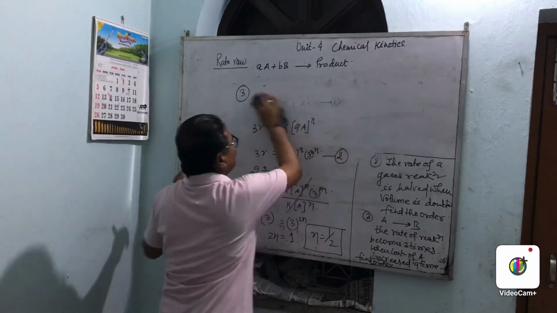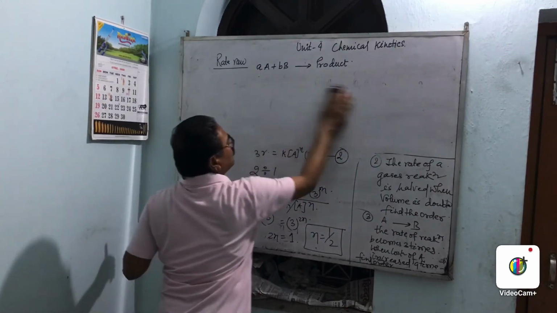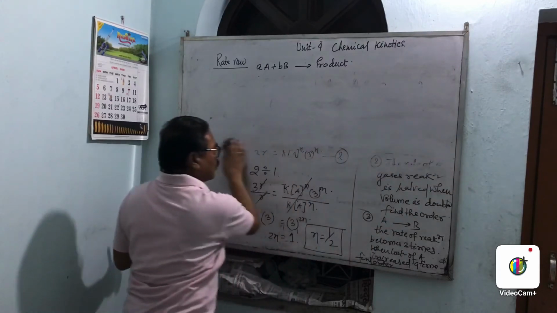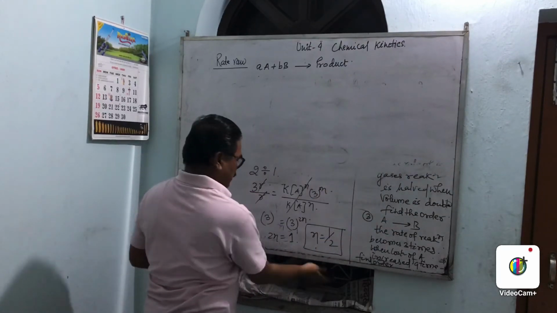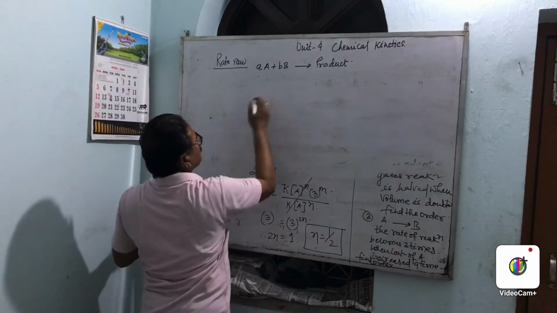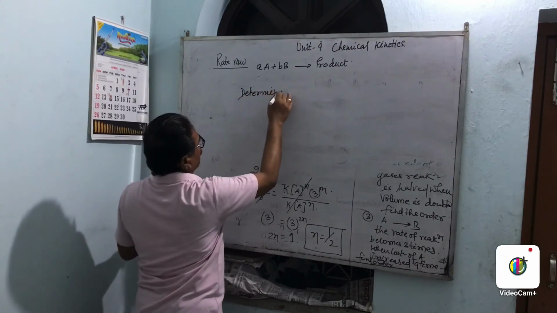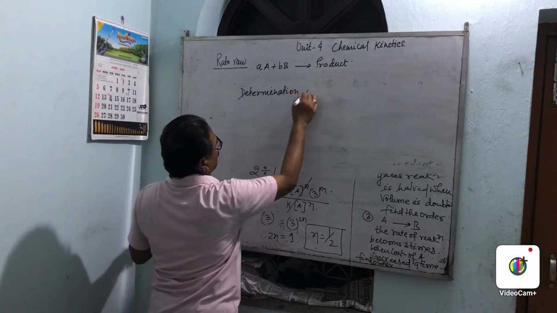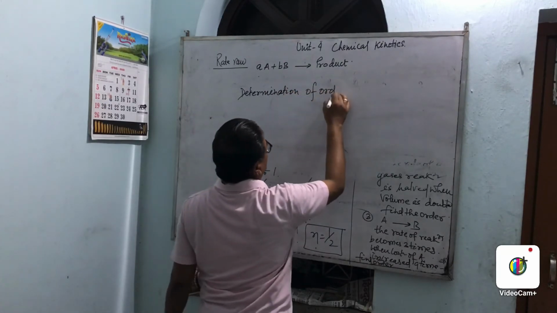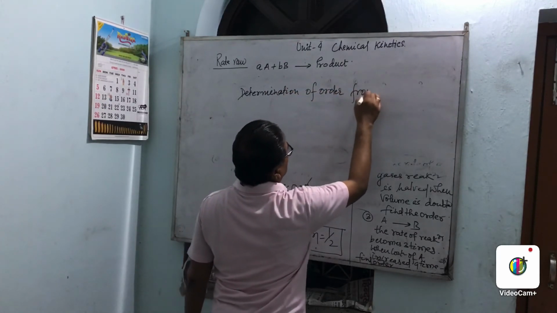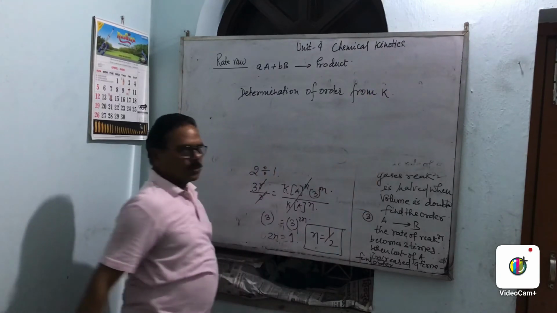Now one more topic is how to determine the order of a reaction from the rate constant. This is very important. Suppose the heading is determination of order from rate constant k.